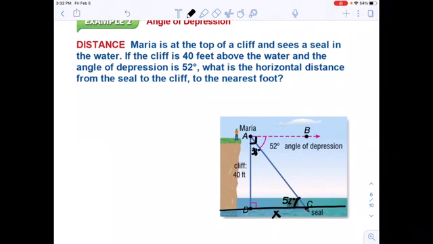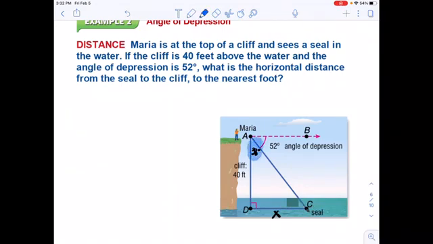Get 38, and you could use this 38 degrees. It doesn't really matter, but we do need to use the degrees inside the triangle. Okay, so I'm going to use the 38 degrees to solve for x.